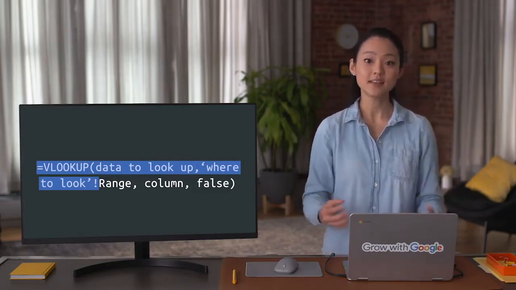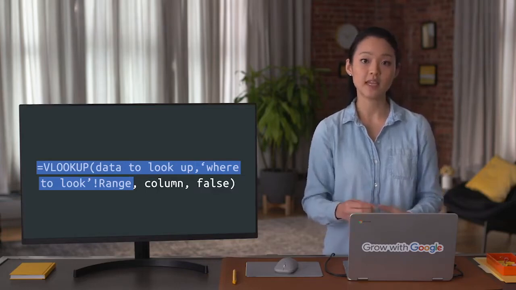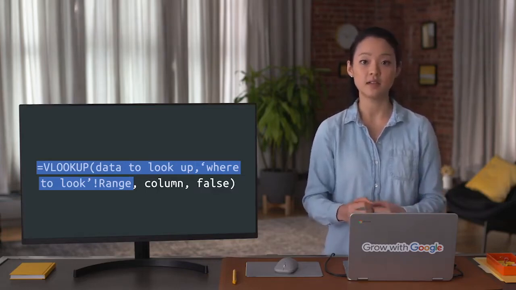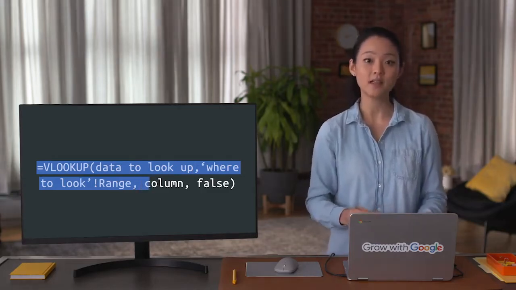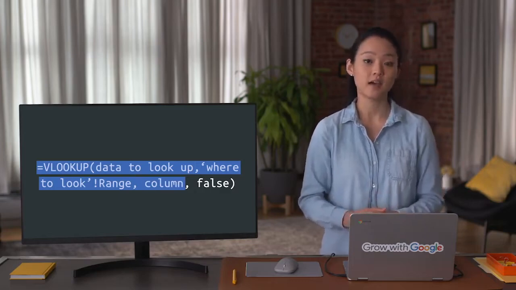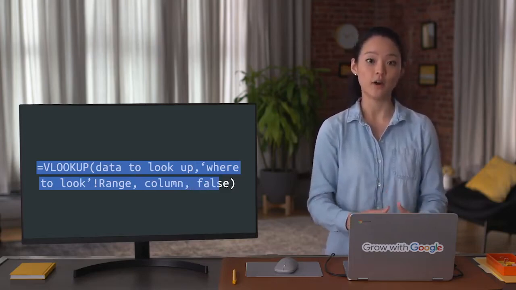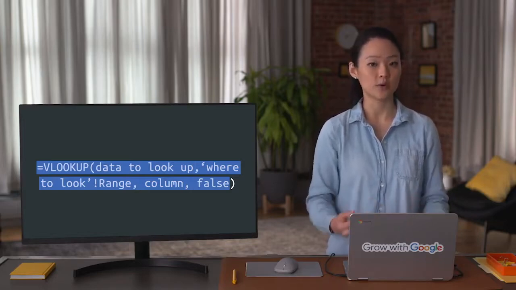Okay, next is the range in the place where you're looking for data, indicated using the first and last cell separated by a colon. After one more comma is the column in the range containing the value to return. Next, another comma and the word false, which means that an exact match is what we're looking for.